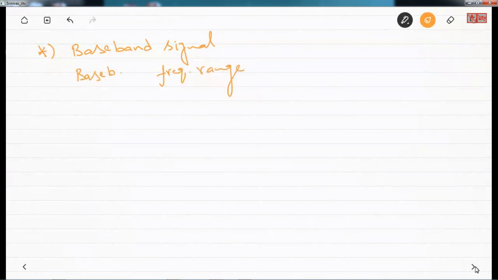This message signal m of t is called the baseband signal. And what is the baseband frequency range?